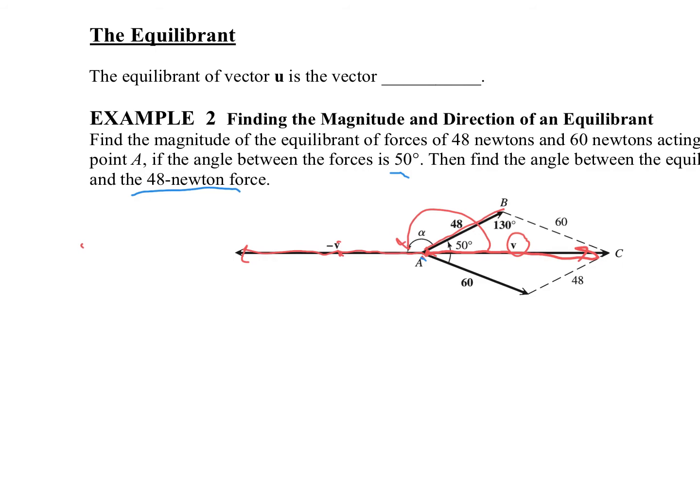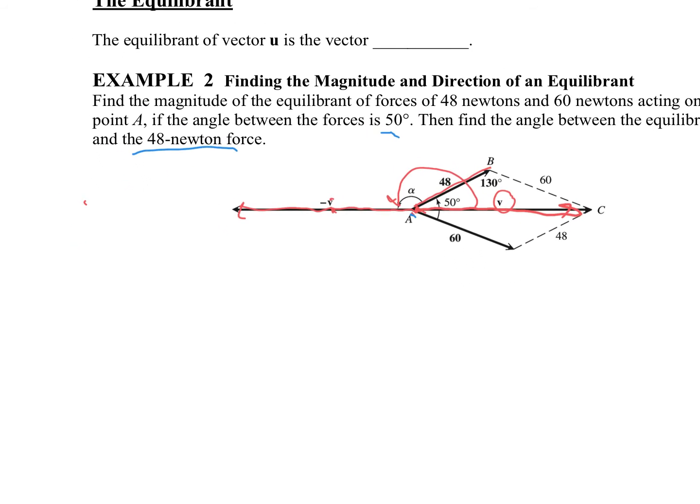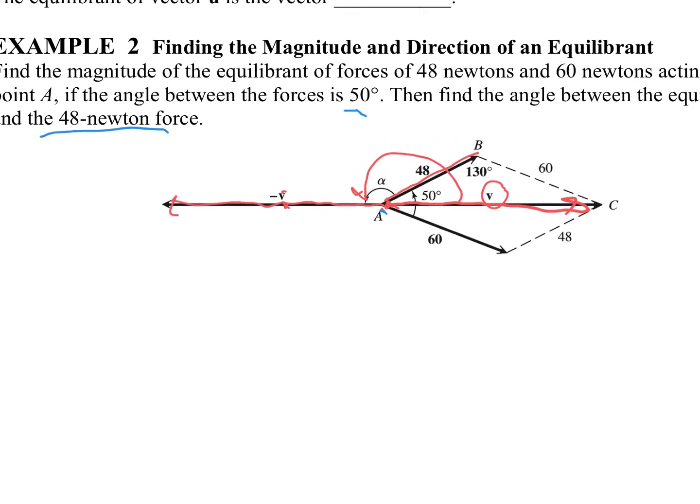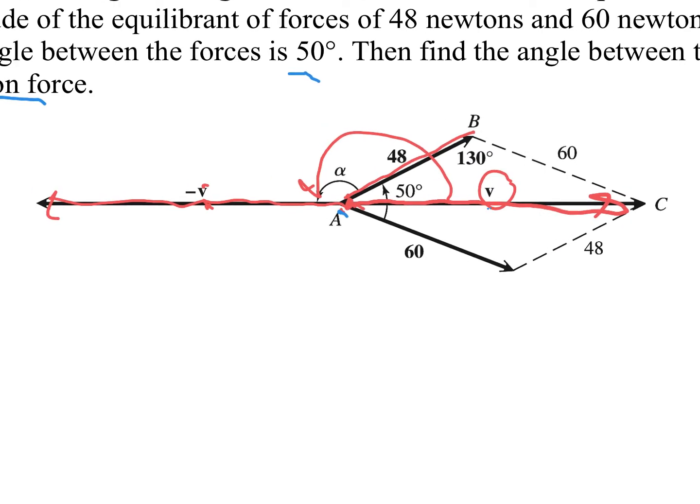Okay, the magnitude will be the easiest to find first of all, because I got a lot of stuff in this picture. To find V, I have two legs that have an included angle of 130 degrees. That implies that I need 50 for this angle.